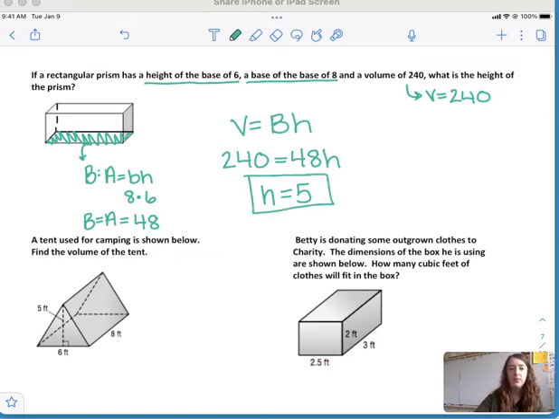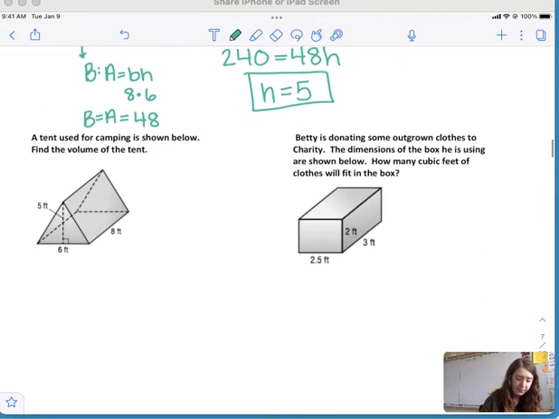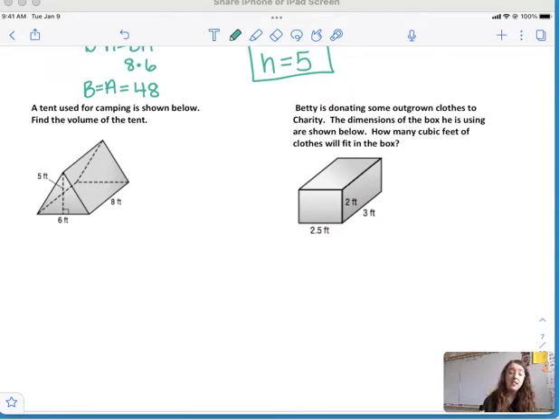All right. In the next one, here's a tent used for camping. We want to find the volume of this tent. So our base is anything that is not a rectangle. So right here, our triangle is our base. To find that area, we have 1/2 base times height.